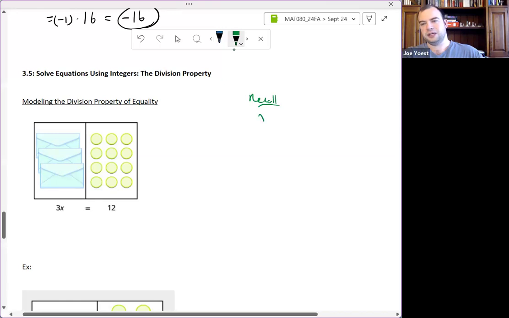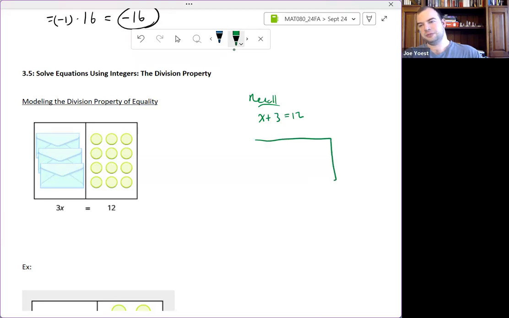We might have had something like x plus 3 equals 12. So I would think that I have two sides to a scale that I want to balance. I have 12 units on the right side, and I have my envelope here, which I don't know how many counters are in.